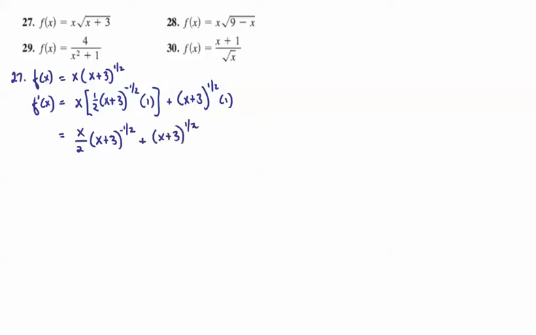positive 1/2, and we'll factor out the least common multiple, (x plus 3) to the negative 1/2, and that will leave... Hopefully you're getting the picture that when we do this, the other one will always come out as 1. So we'll get x over 2 plus (x plus 3) to the first power.